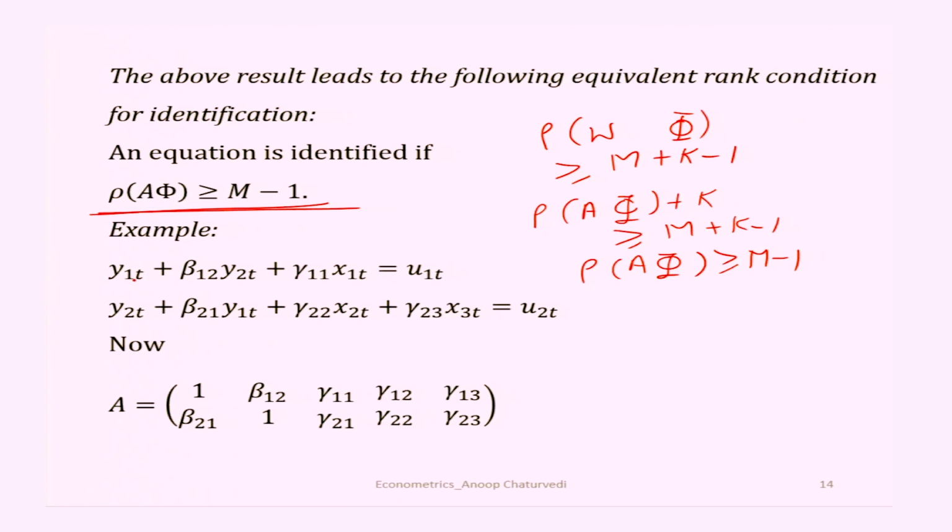Again we consider this example, say y 1 t plus beta 1 2 y 2 t plus gamma 1 1 x 1 t equal to u 1 t. Y 2 t plus beta 2 1 y 1 t plus gamma 2 2 x 2 t plus gamma 2 3 x 3 t equal to u 2 t. Then your matrix A is of the form, actually your A is equal to B gamma.